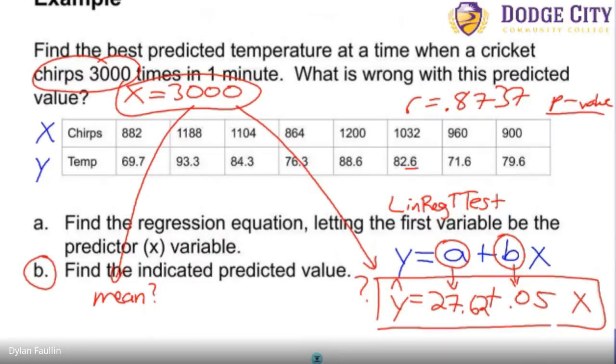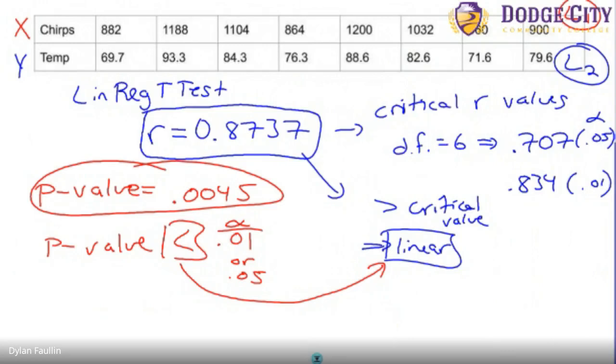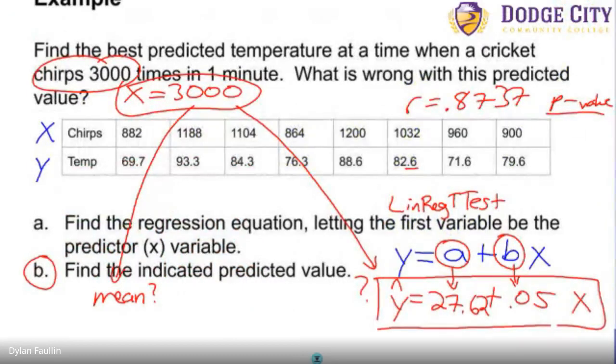The p-value was 0.0045. So because this was the p-value, we decided this does appear to have a linear relationship. There seems to be a linear correlation here. So that means this relationship is linear. And we figured that out in 10.1. So we should use this equation.